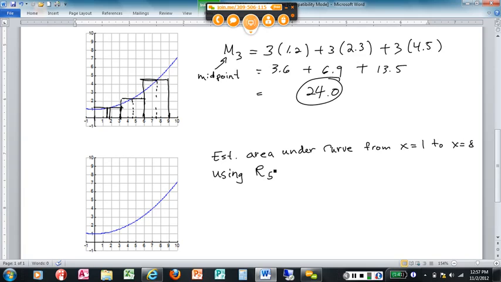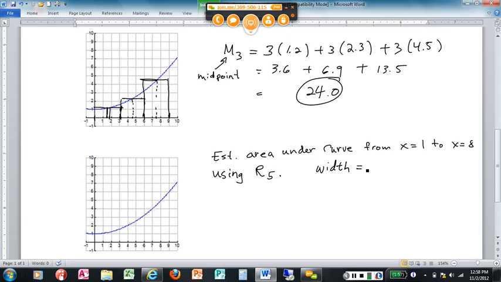Okay, so first of all, the width, let's talk about that. The width of my rectangles for R5, what is it going to be? Well, if we want uniform rectangles, it's not as nice as the other one where we could just say it's got to be 3.